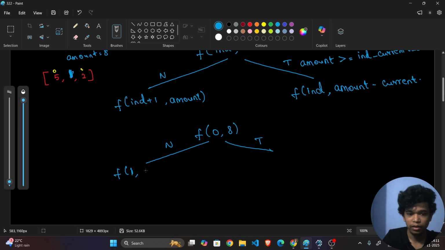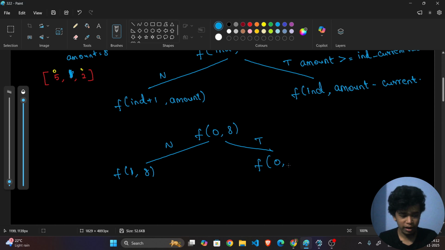So 1, 8. If I take it, I want to check the condition whether this 8 is greater than or equal to this 5, the 0th index element. Yes. Then I just take it. So if I take it, it will be something like 0, because I took this 5. I have 2 choices next.